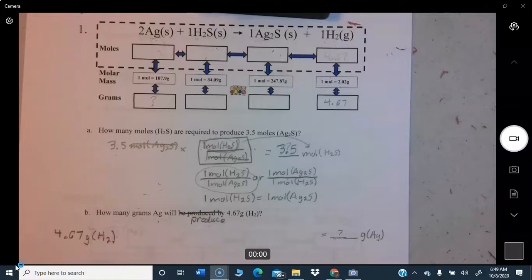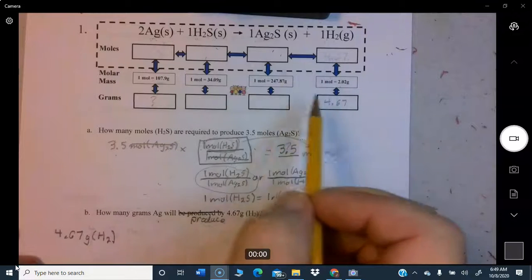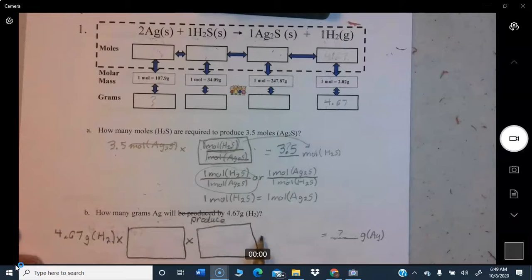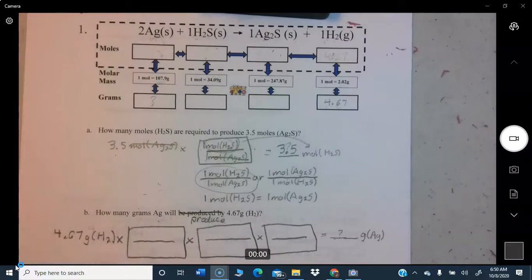Okay, so now we have 3 conversions. We just talked about them. 1, 2, 3. So I'm going to put 3 boxes. Grams to grams is always 3 conversions. And we know we're going to put some ratio in there, so I'm going to go ahead and draw my lines ahead of time. Okay, and now I'm ready to start.